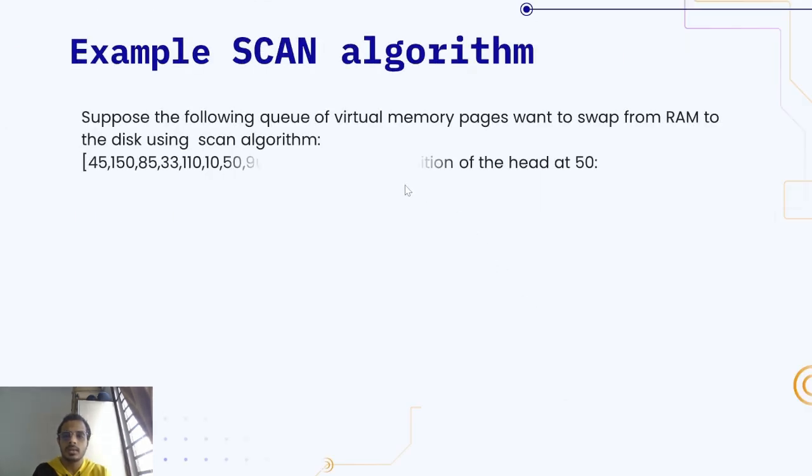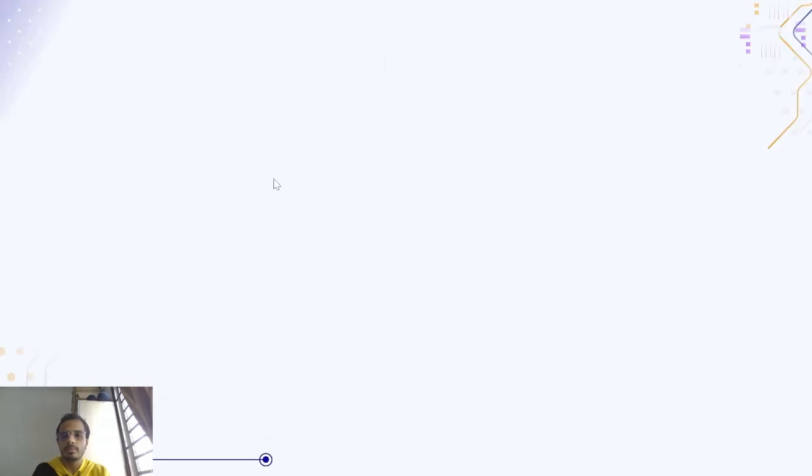So let's see the example. Suppose the following queue of virtual memory pages wants to swap from RAM to the disk using the SCAN algorithm: 45, 150, 85, 33, 110, 10, 50, 90, with the initial position of the head at 50. We want the head to move and serve all these virtual memory pages.